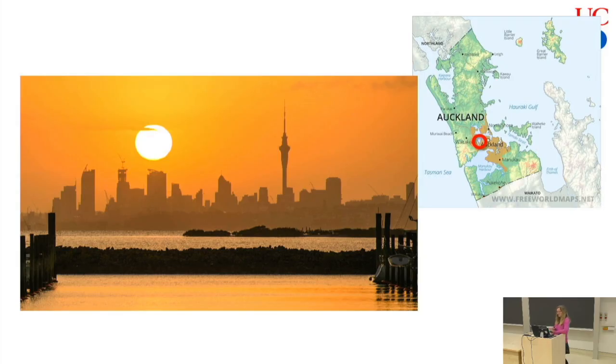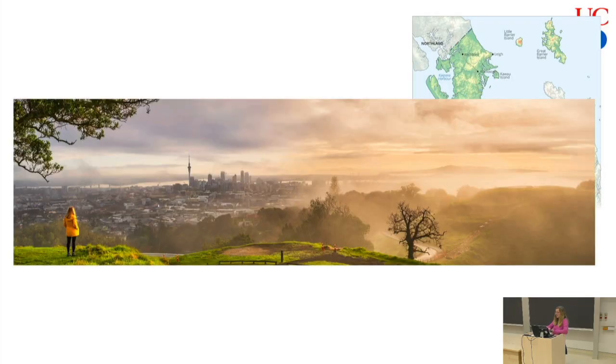This is the Auckland skyline early in the morning. Then, as a proof that I was there, this is me. The biggest building in Auckland is called the Sky Tower, with a magnificent view over the entire area, including the Gulf and the adjacent islands.